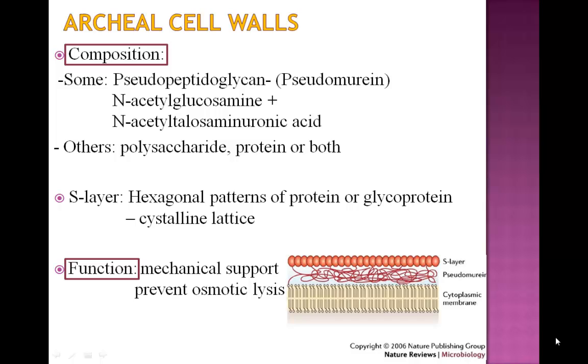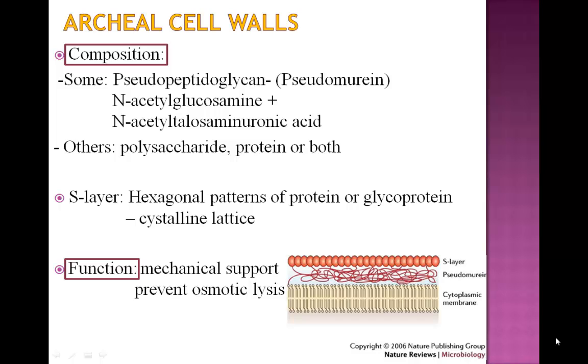Now, the archaeal cell walls differ from bacterial cell walls in that they do not contain peptidoglycan. Some archaeal cells may have what is known as pseudomurein, which literally means false murein. Pseudomurein is made up of N-acetylglucosamine and N-acetylthalassaminuronic acid.